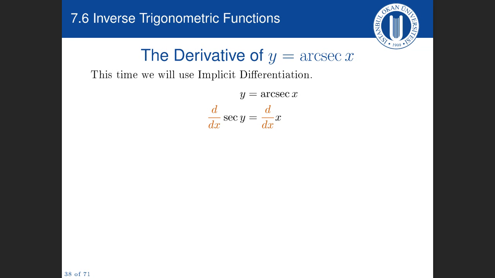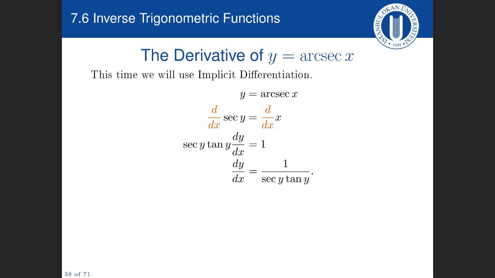So we differentiate the left side and we differentiate the right side. d dx of sec y is equal to d dx of x. On the left, d dx of sec y is the same as d dy of sec y multiplied by dy dx. That's sec y tan y, dy dx. And on the right-hand side, of course, we just get 1. Rearrange that: dy dx is 1 divided by sec y tan y.